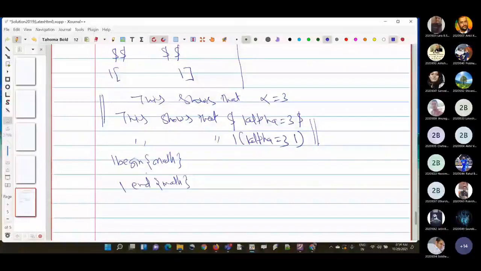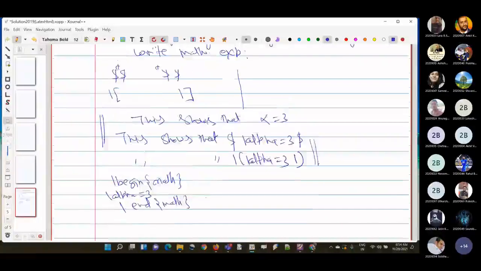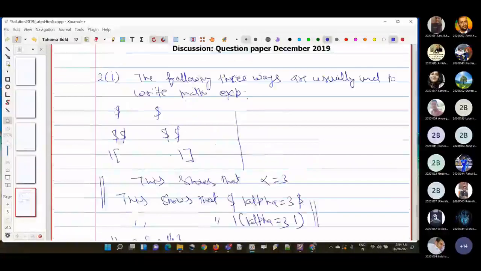So you just write here in between backslash alpha, alpha equals to 3. Fine. So these are the things we can use for writing some mathematical expression, or math mode. So they are in math mode: single dollar, double dollar, or square bracket, and just use backslash with it.